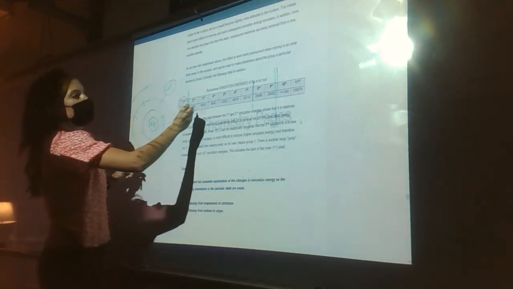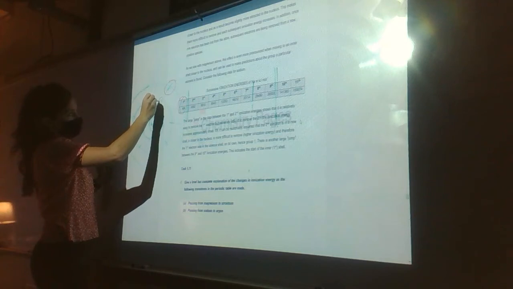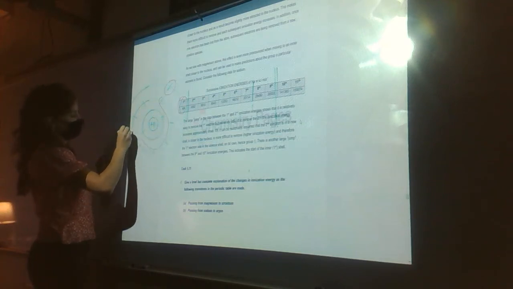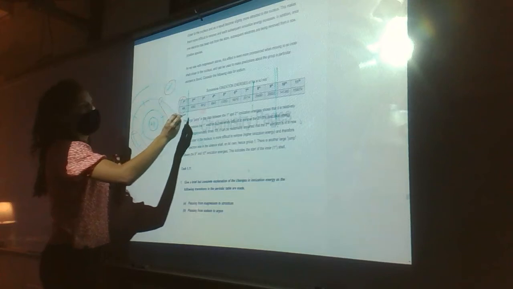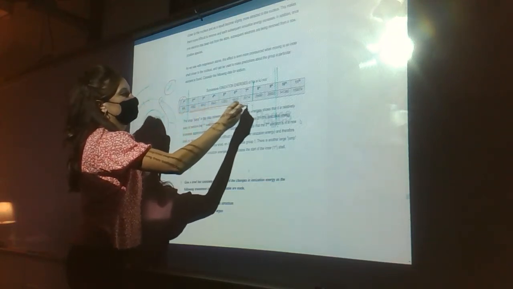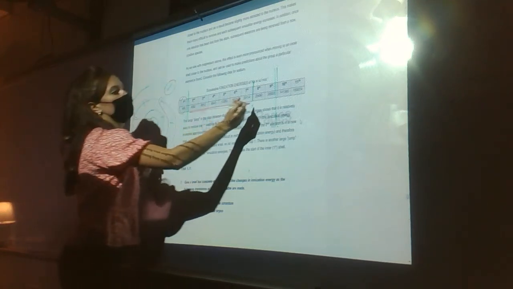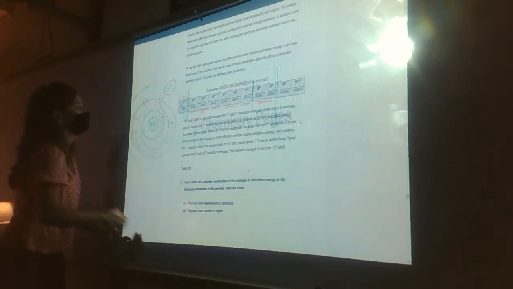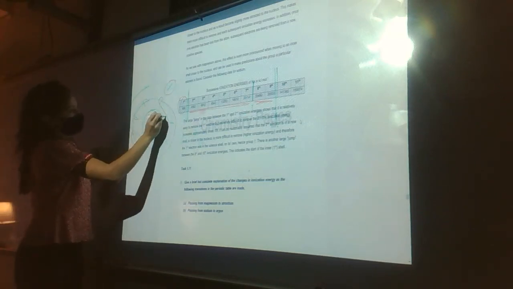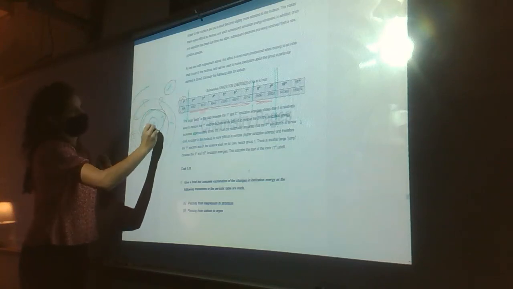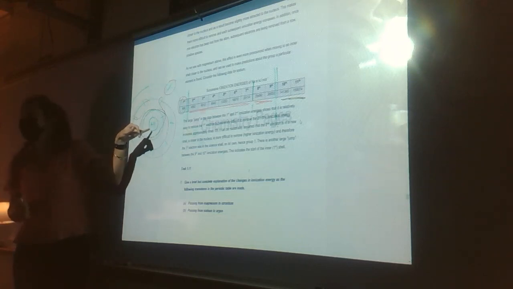Then removing these 6 are these right here. Then these 2 here. And then those inner ones, very high amounts of energy, hundreds of thousands of kilojoules per mole. Removing inner energy level electrons takes so much energy because they're so close to a big nucleus.